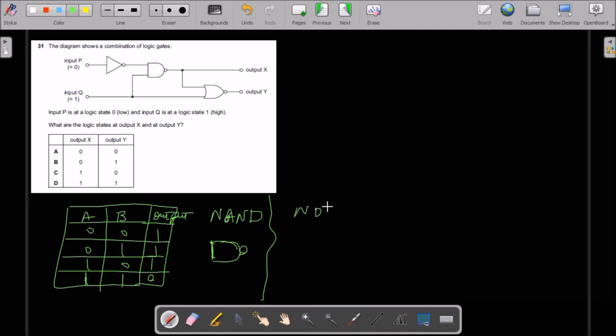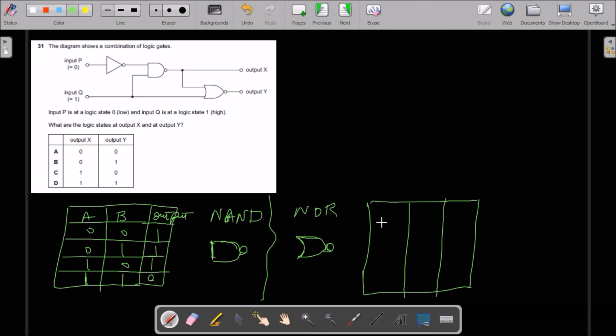For NOR gate, which is like that, here is curve, here is a straight. For NOR gate, input A, input B, and output.